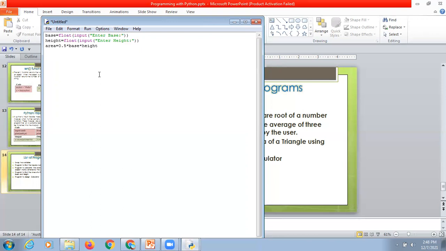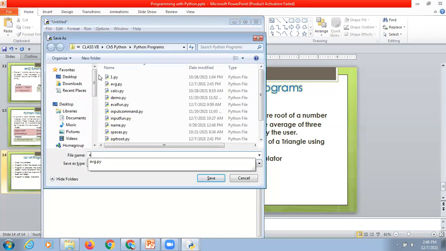Let's print the area. Print area of triangle is area. Let's save it first.